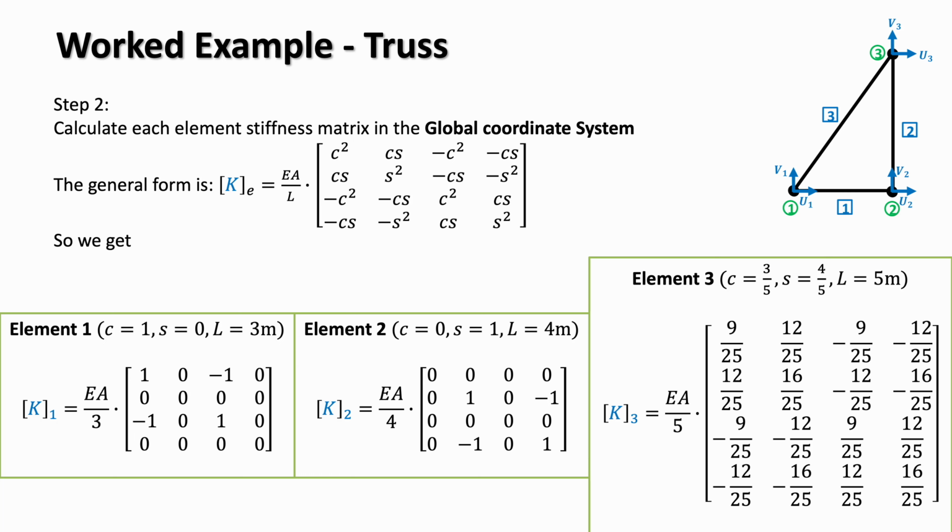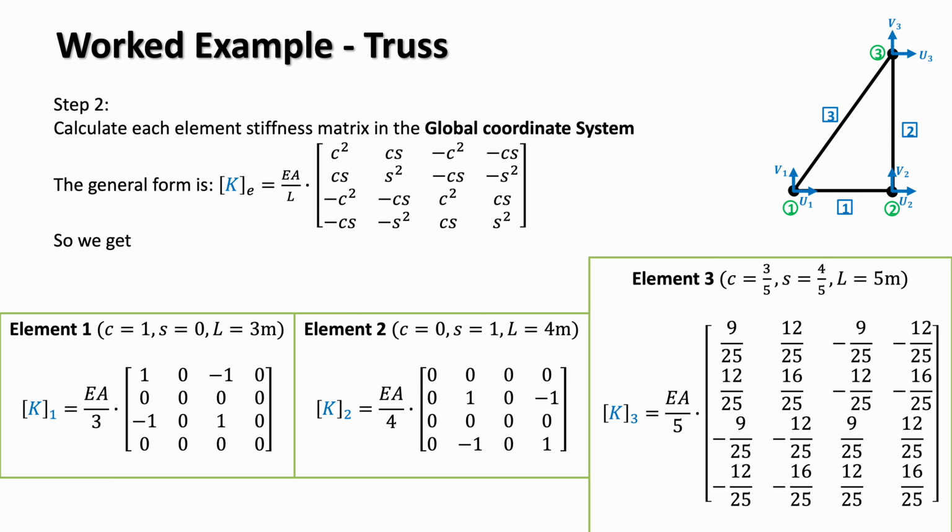For member 2, 3, the bar is vertical, so C, the cos equals 0, and the sine S equals 1. The length is 4. This stiffness matrix couples only the vertical displacements of node 2 and 3 with all the terms involving horizontal displacements equal to 0. For member 1, 3, the bar is diagonal and the cos C equals 3/5 and the sine 4/5.